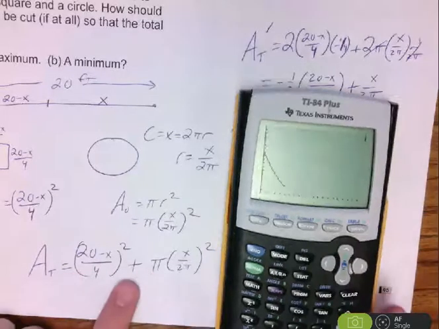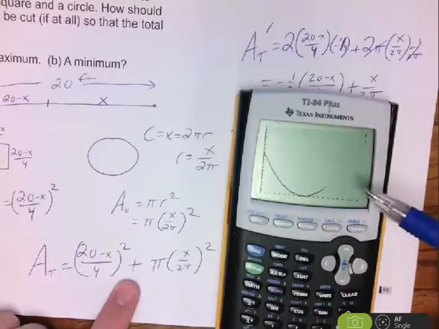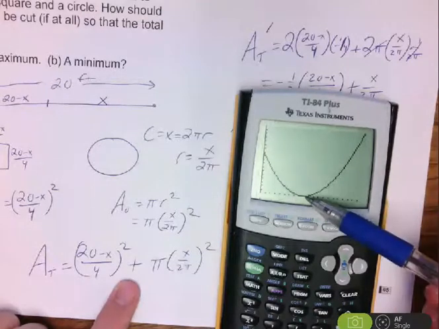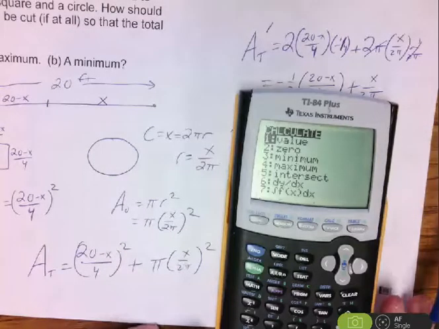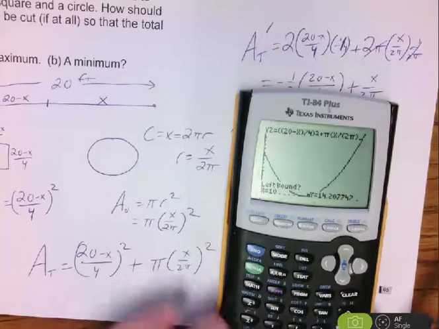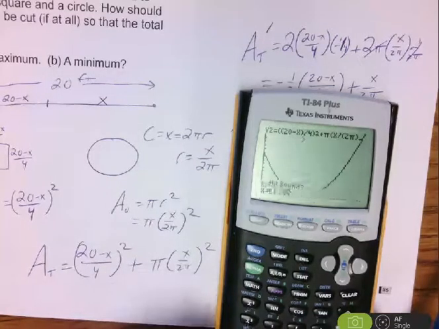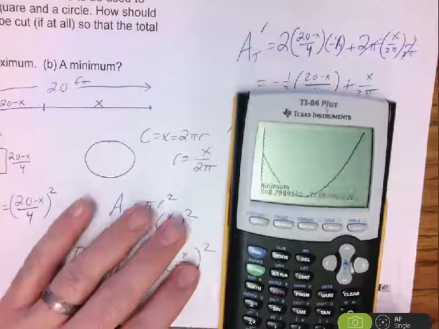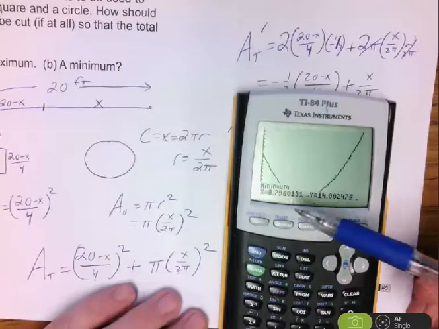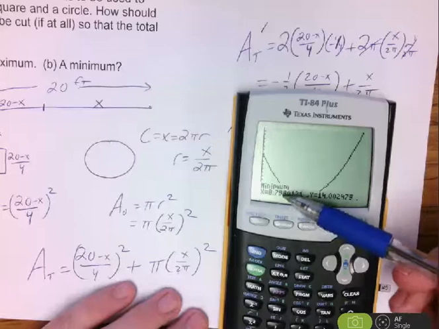So I just graphed the original, hopefully. Check that out. I have a minimum here for sure. I'm guessing that's 8.798, so left bound, right bound, guess. Again, that's not the calculus. Well, technically it is calculus, but that's not what they want you to do. They want to at least see the derivative. So there's your minimum.